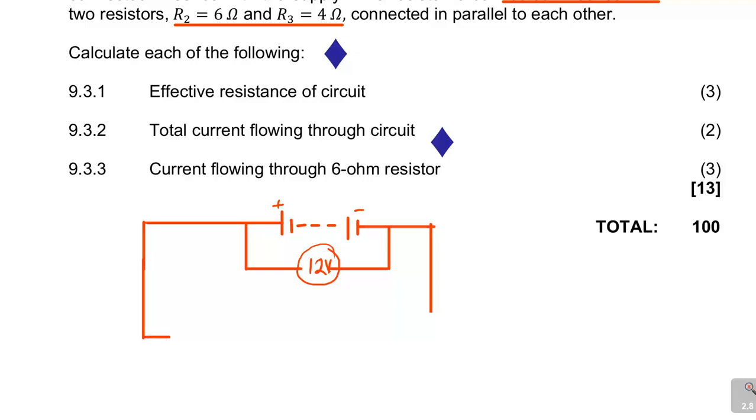So here I want to put my first resistor there like this. I'm going to put this first resistor like that, and then from there I'm going to have my parallel combination there like this. See what I'm doing there?